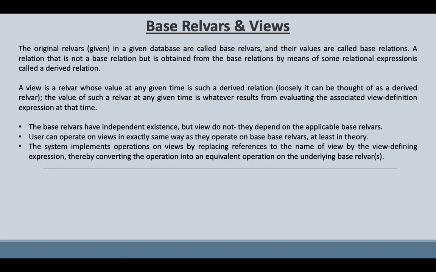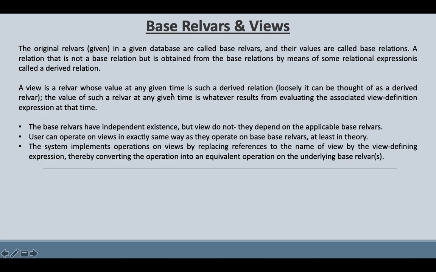View you already know. This is a portion of the database. The definition is different for these two terms. A view is nothing but a portion of the database which is permissible to access for a particular user, right? And the DBA can set the view for each user.